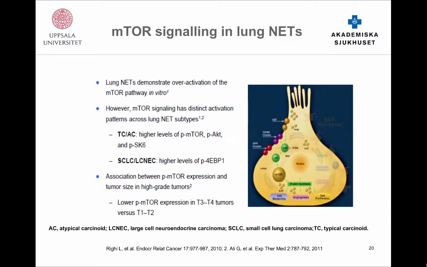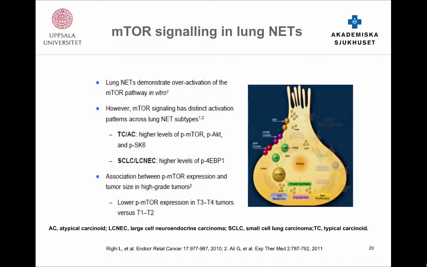Then we go to mTOR signaling. And this might be a little bit tough for you to understand the full details of it. But we have several signaling systems that regulate the tumor cell growth. So there is a switch that's put on the cell to grow and not to die.